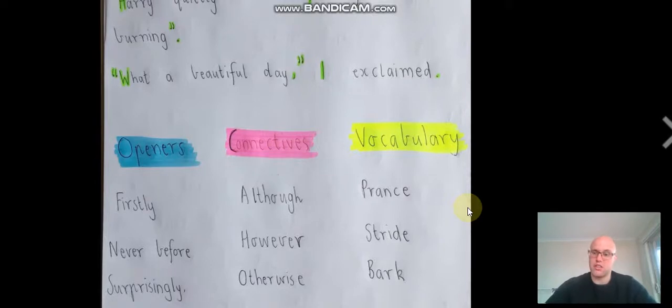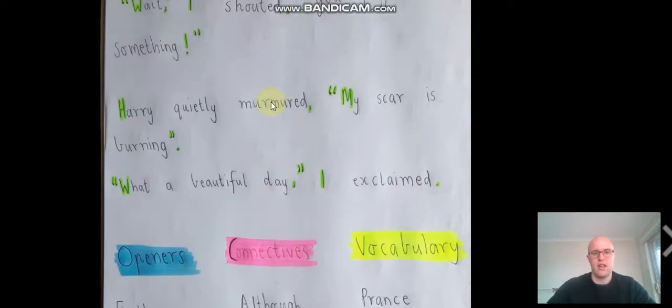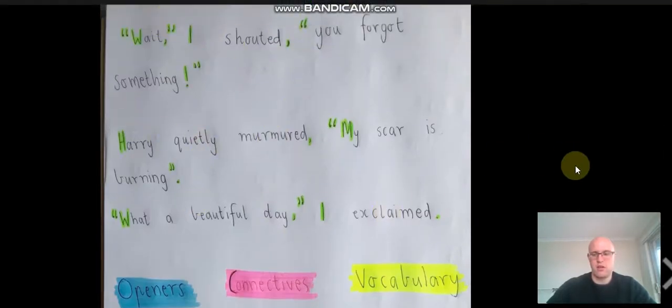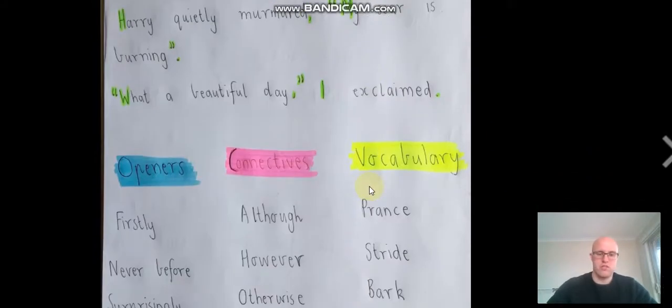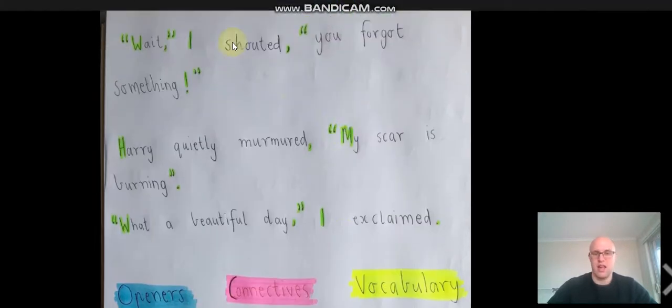So you're basically writing a short story, okay? And you're trying to get all the openers, all the connectives, all the vocabulary, and the different types of quotation marks in. If you are not feeling as confident, just try to write 3 sentences using these words. And if you would like just to focus on writing their quotation marks, you can as well.